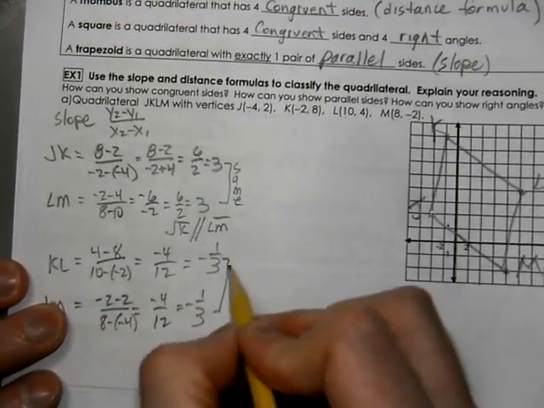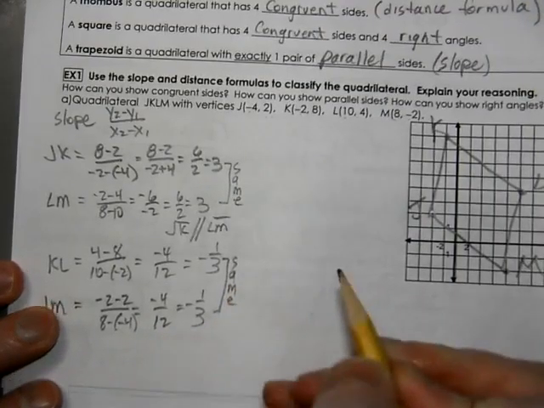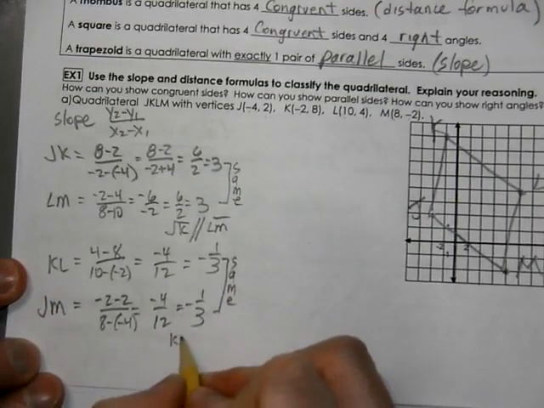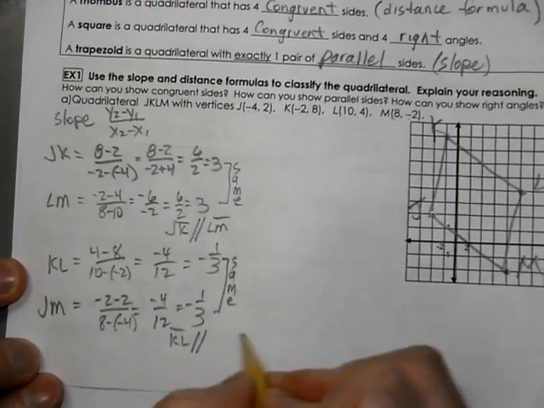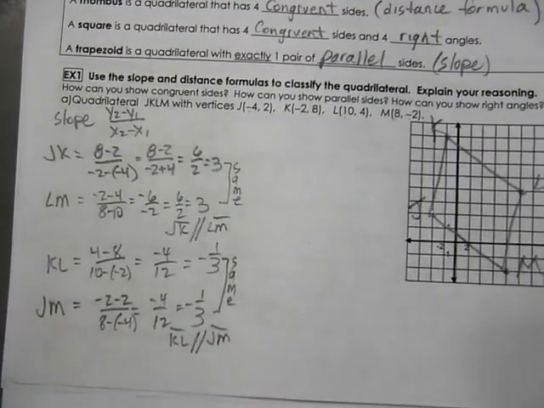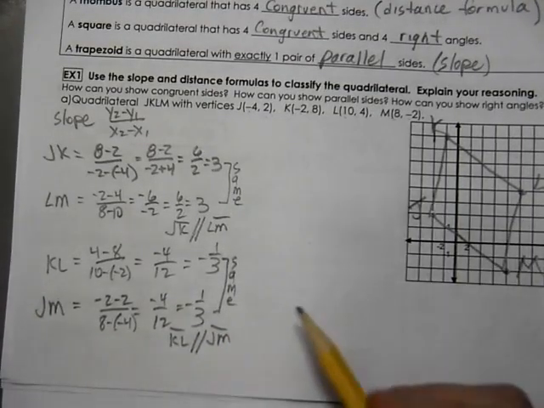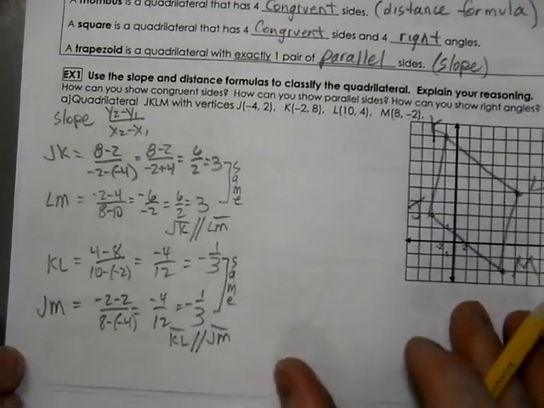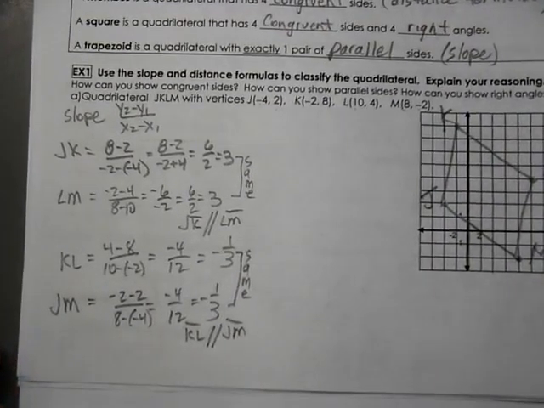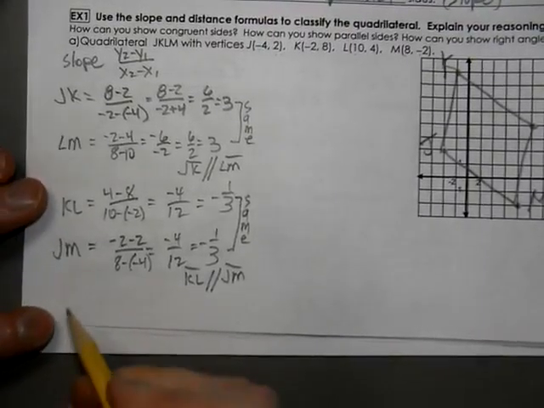So again, these are the same. Since they're the same, we know that KL is going to be parallel to JM. Since we have two sets of parallel sides, we know that we have a parallelogram.